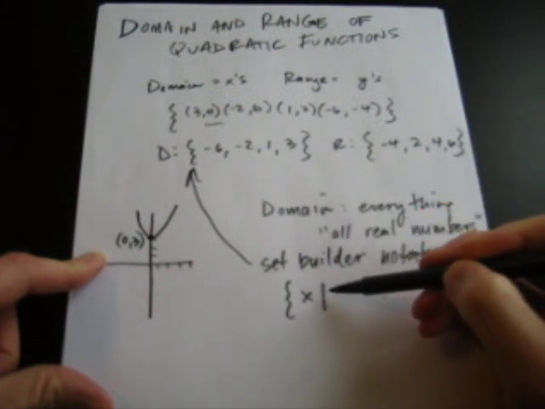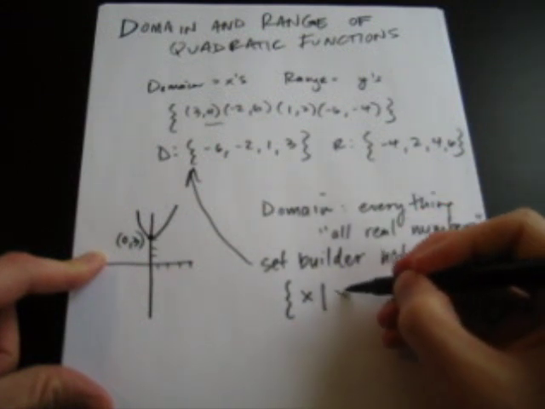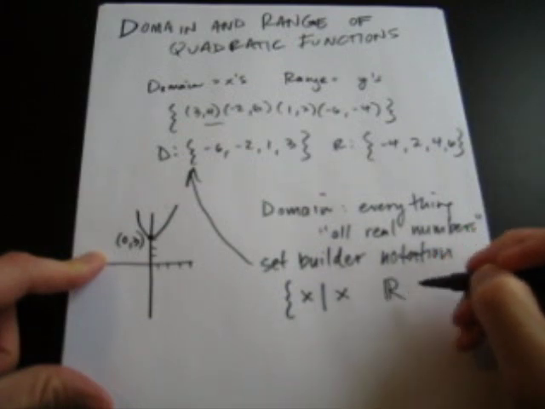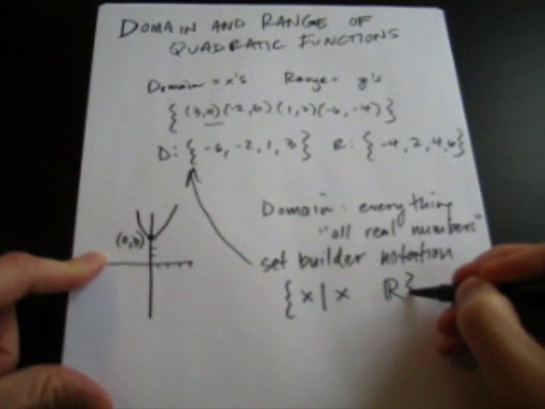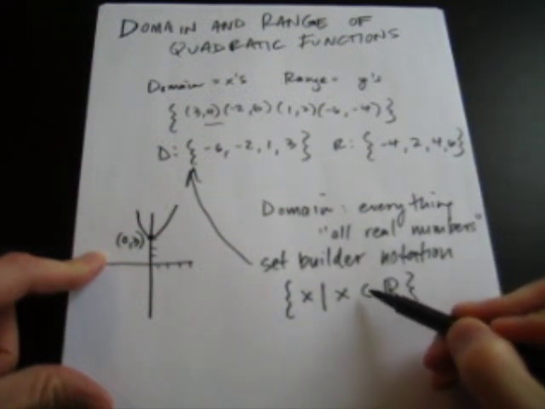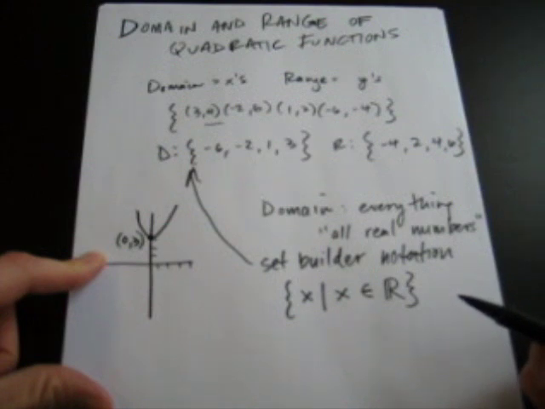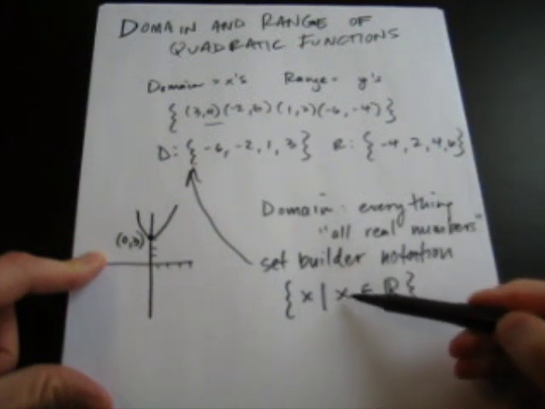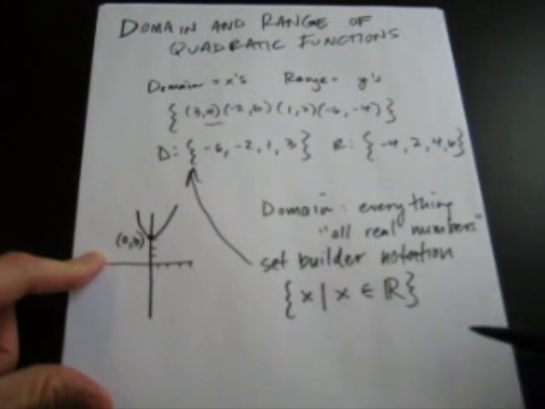So all values of x such that x is part of real numbers, that set. We have that poster in the classroom. And then the last thing they do is they put this little e here, which means it's an element or a piece. So the way we read this is all values of x such that x is an element of real numbers. Okay, so we have domain.